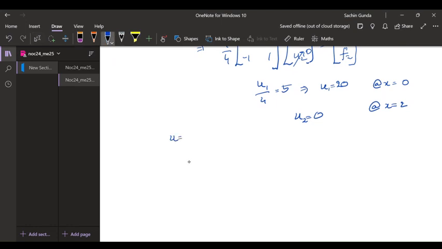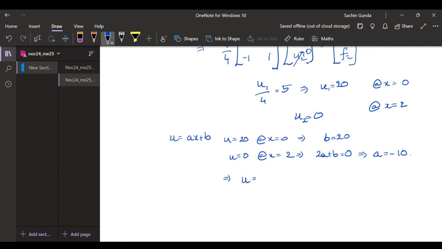So u is linear, ax plus b. u is 20 at x equals 0 implies b is 20, and u is 0 at x equals 2 implies 2a plus b is equal to 0, which gives a equal to minus 10.